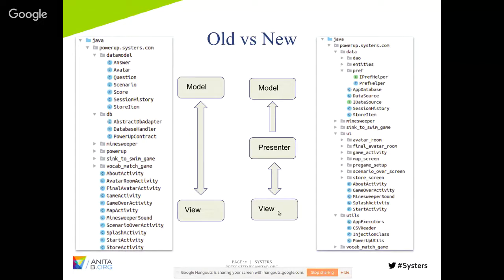So in the new way, using MVP, I have my views, which are my activities or my fragments, and none of my views have direct access to any of my models. So my view asks my presenter to give some data by accessing it from the model. My presenter will ask the model to give some data.